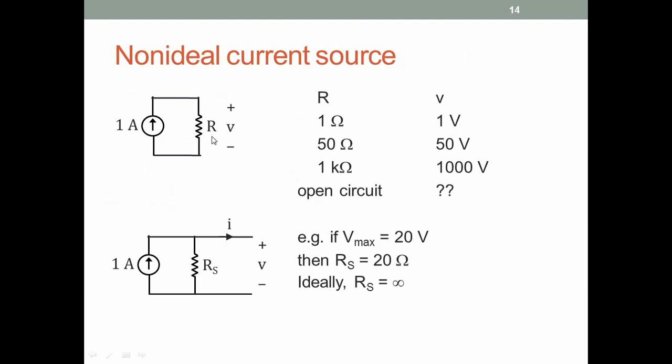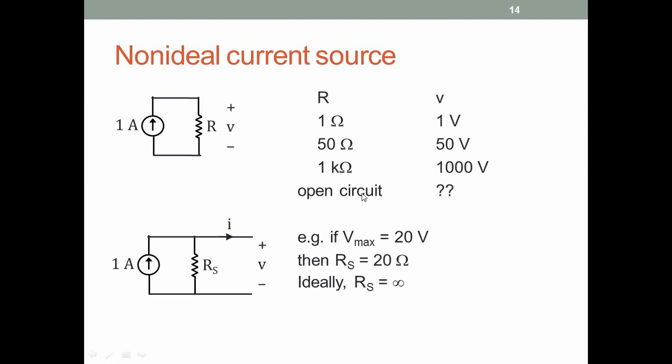The voltage across it will be 1 volt. Let's say the resistance is 50 ohms. 50 ohms times 1 ampere is 50 volts. Let's say the resistance is 1 kilo ohm. The voltage across it will be 1000 volts. So if we increase the resistance across the current source, the voltage across it keeps increasing.